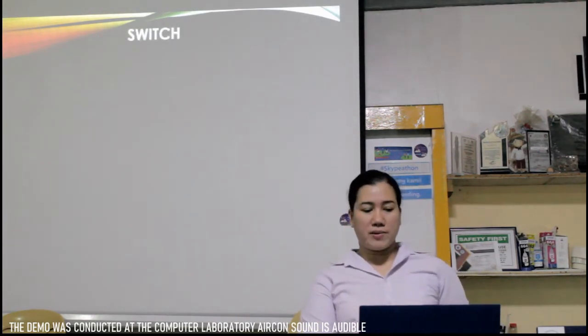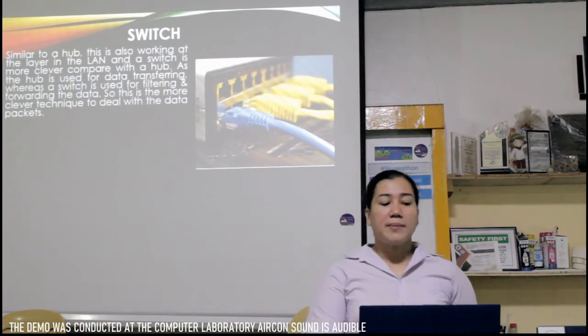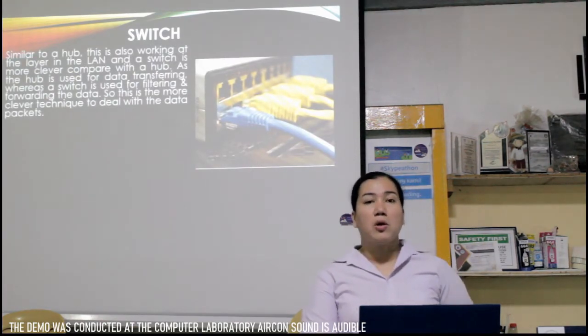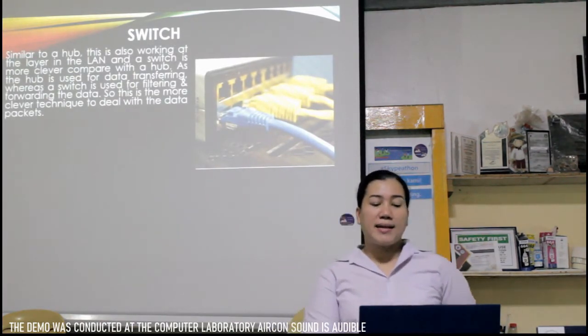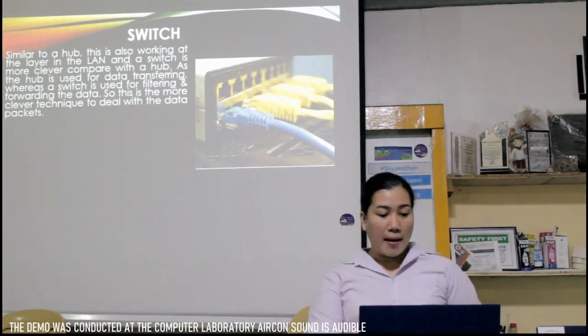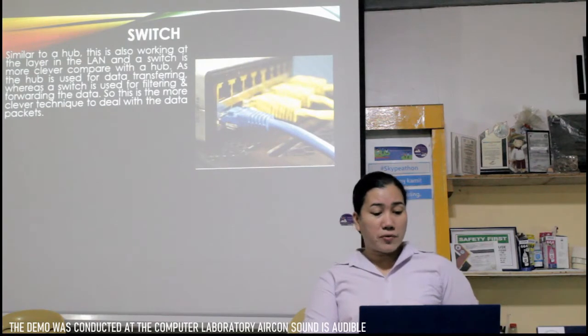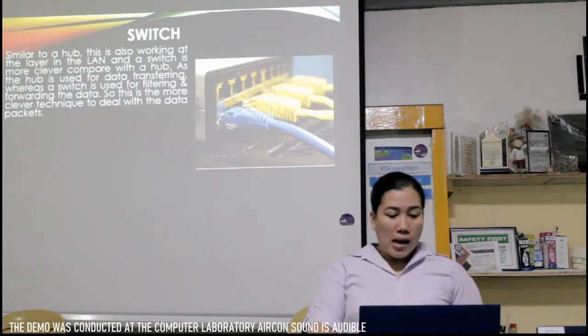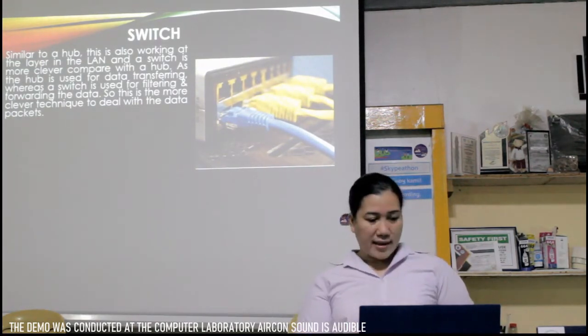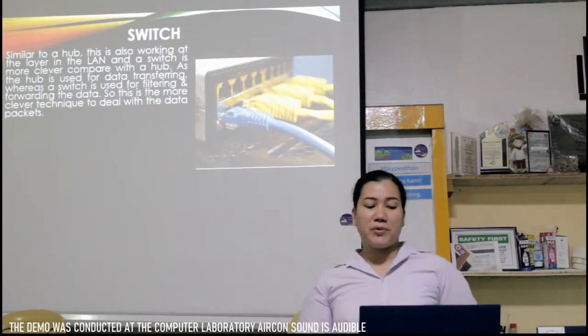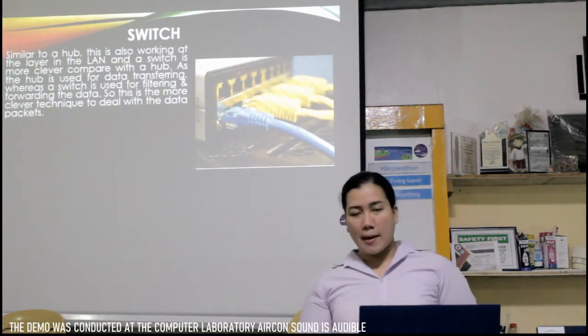Next, we have the switch. Similar to a hub, a switch also works at the layer in the LAN. The hub is used for data transfer, whereas a switch is used for filtering and forwarding of data. So it is more clever in dealing with data packets.